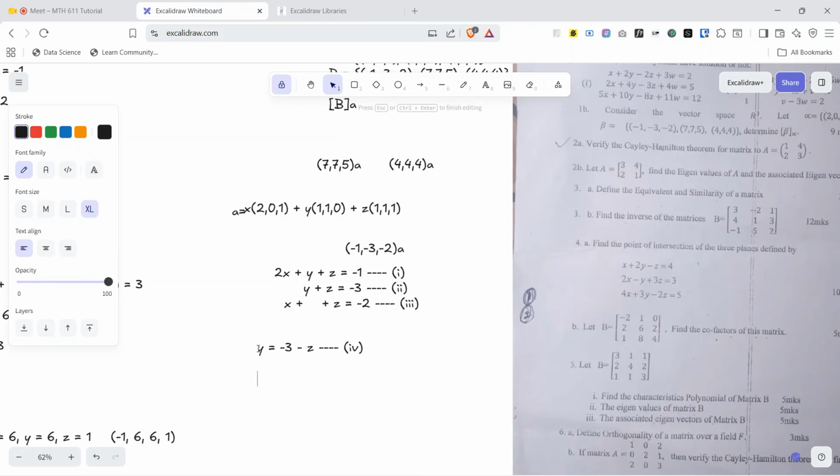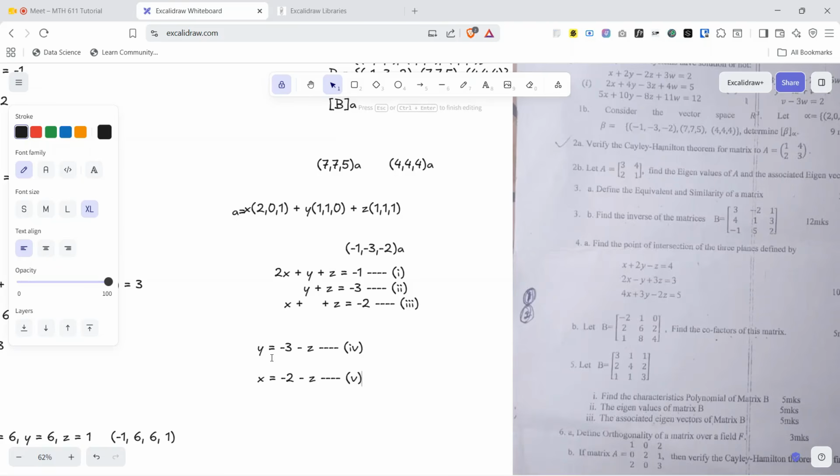So now that I have my y, I can also do the same for x in equation 3. So x equals to -2 minus z. So that is equation 5.